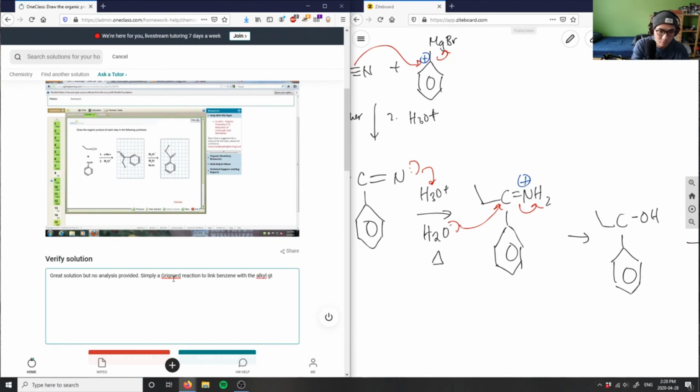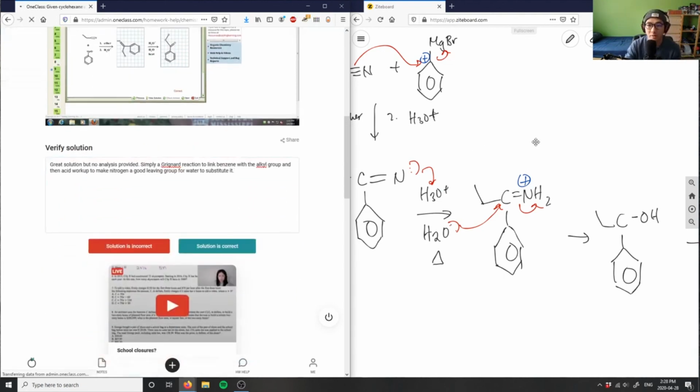I'll just say alkyl group, and then I'll say it's acid workup to make nitrogen a good leaving group for water to substitute it. So the solution here is correct. Great solution.